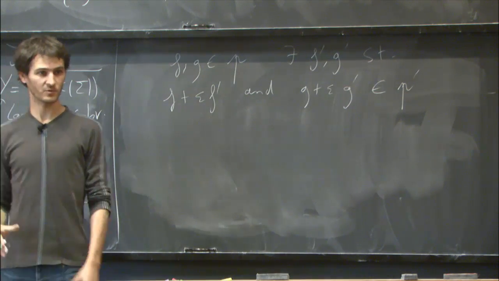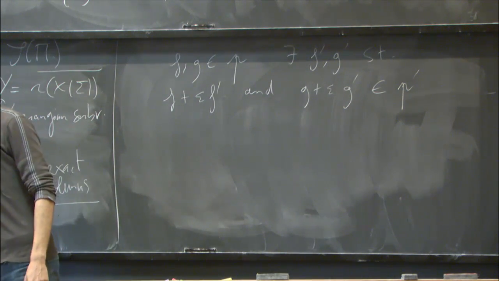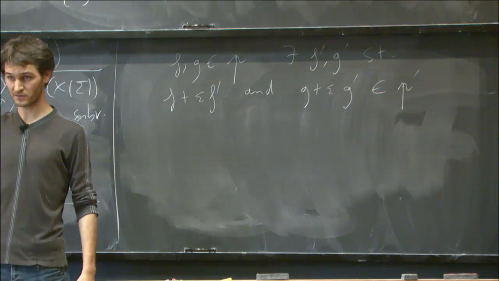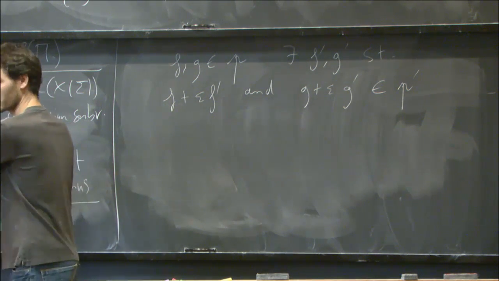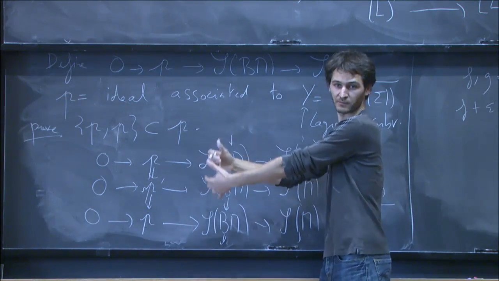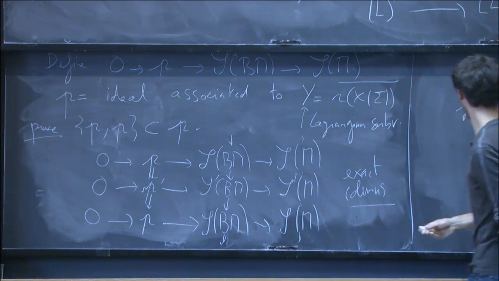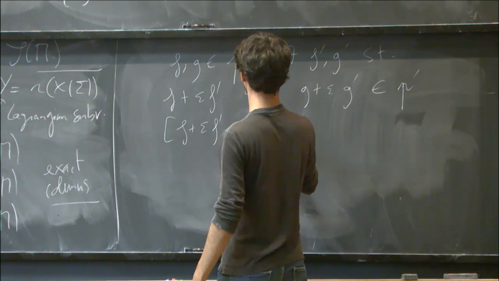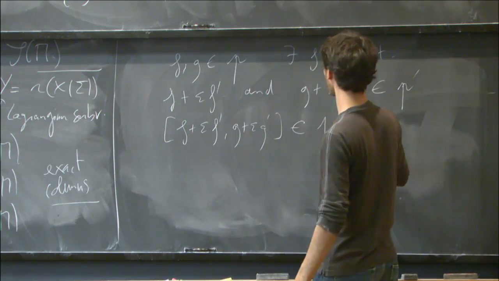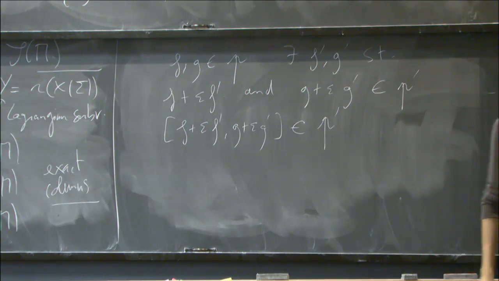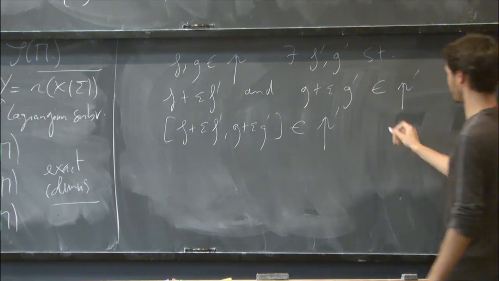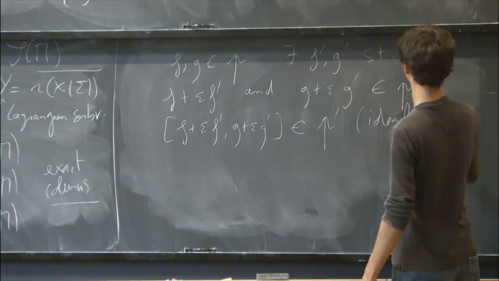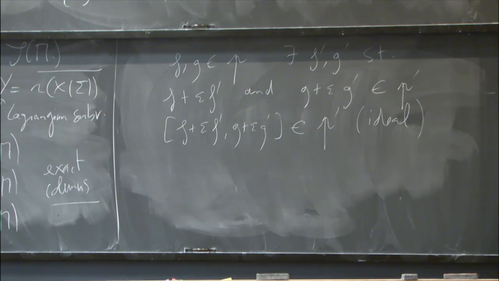Now all these P and P primes are ideals, because if you have something in the boundary which is 0 and you multiply it by something else, it stays 0. So the commutator here is also an element of P prime, just because P prime is an ideal. Left ideal, but it doesn't really matter.